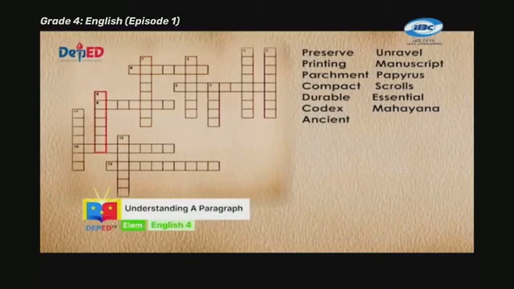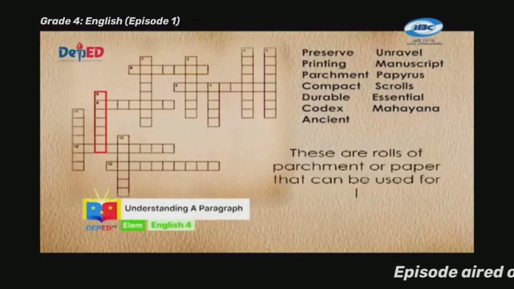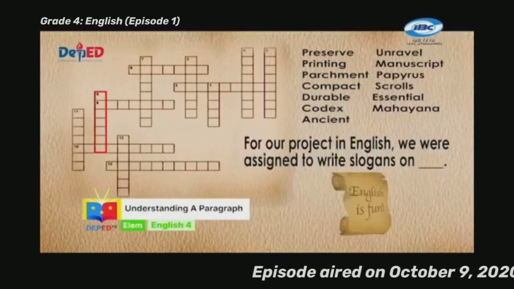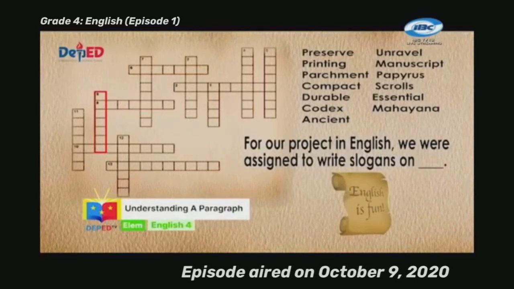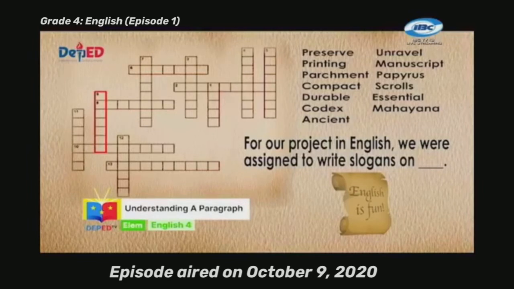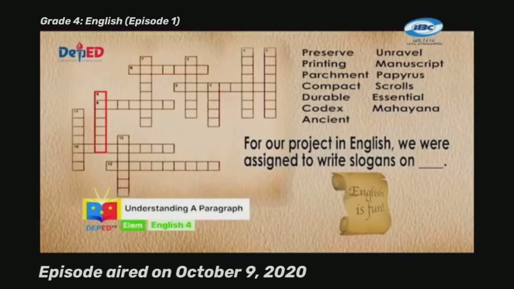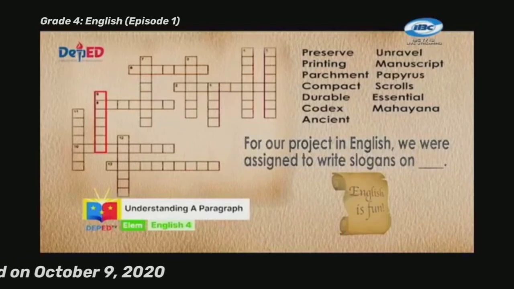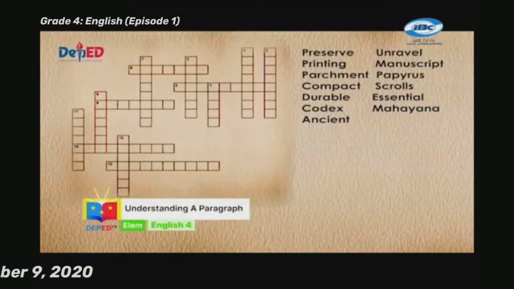Number 9. 7 letters. It is a roll of parchment or paper that can be used to write on or paint on. For our project in English, we were assigned to write slogans on Number 11. 7 letters.